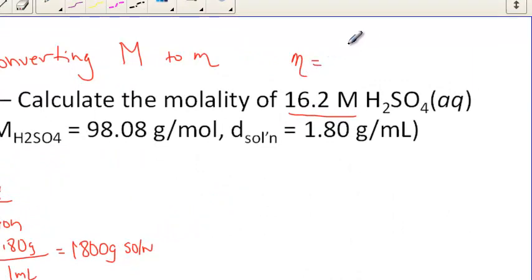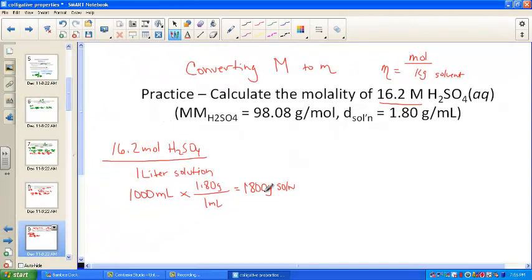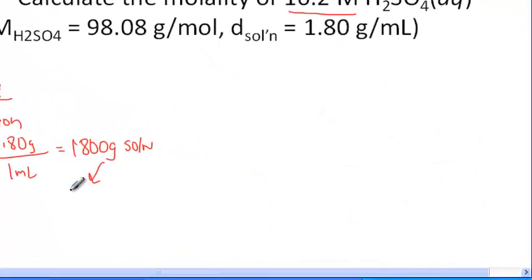We've got a little more work to do. Consider we've got moles of solute, which we have, 16.2 moles. That's set on the top. But what I need is just the kilogram of solvent. This mass, 1,800, is of 2 parts. It's of the acid and the water.